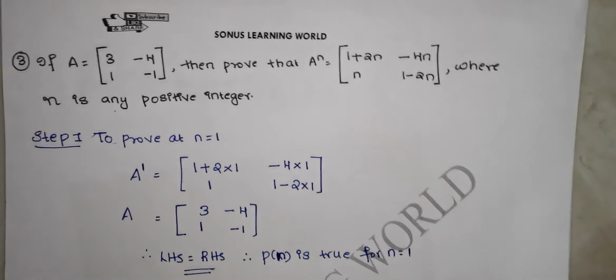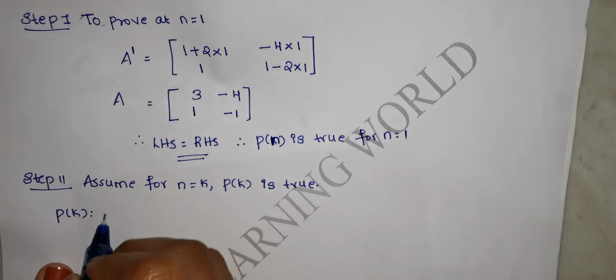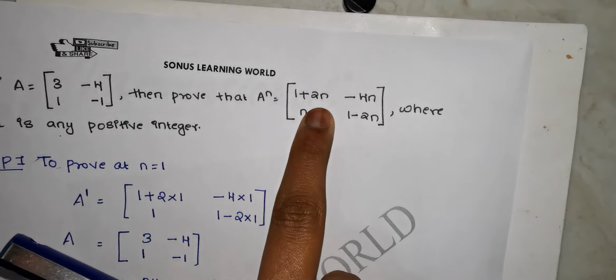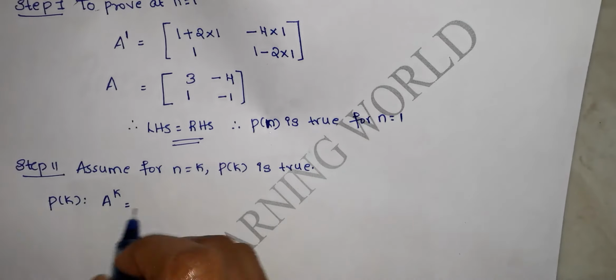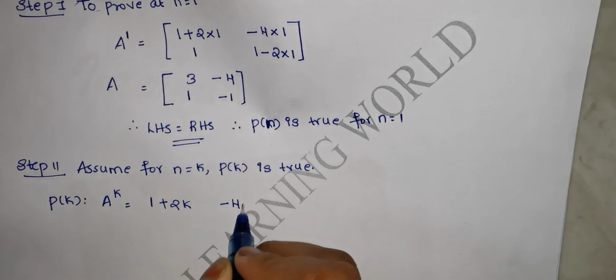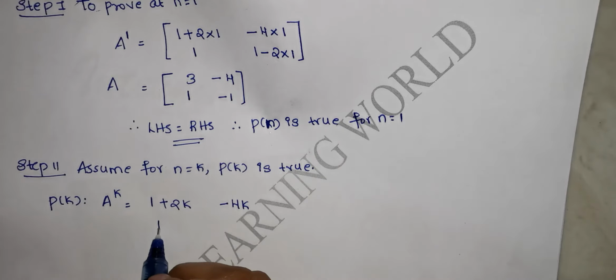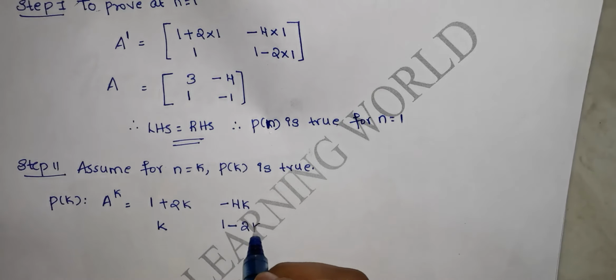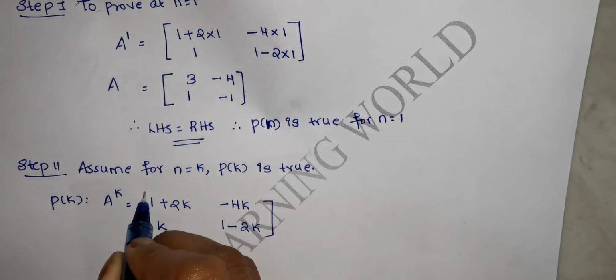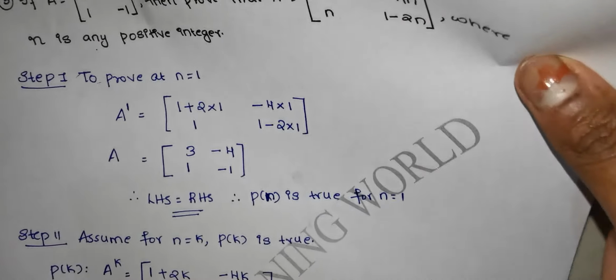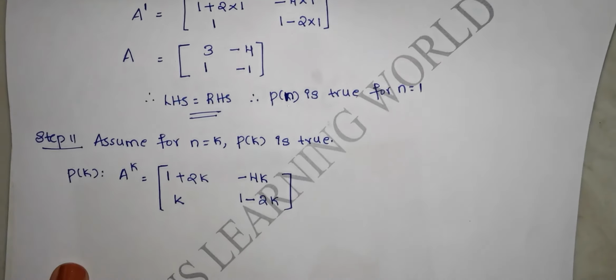So P of k means A raised to k is equal to [1+2k, -4k; k, 1-2k]. We are assuming this particular statement is true, that is, for n is equal to k, P of k is true.